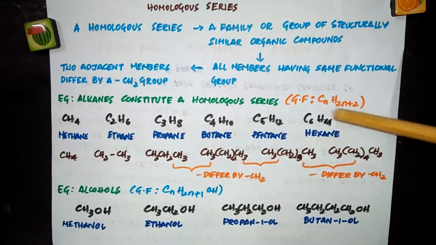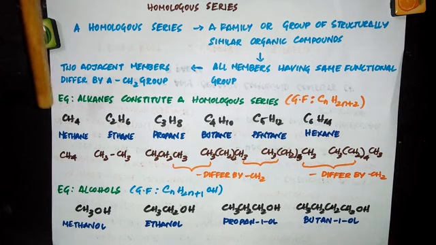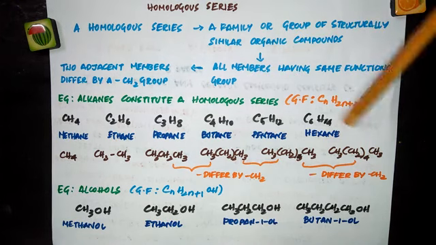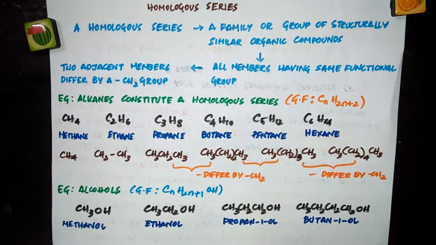Next comes propane, the same way. All the alkanes in this family have the general formula CnH2n+2. And I told you they are a family or group of structurally similar organic compounds, so this is a homologous series. Alkanes constitute a homologous series.